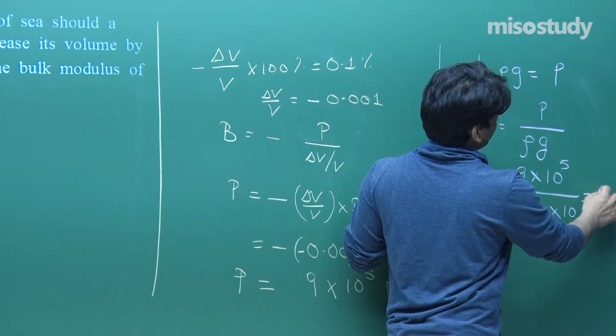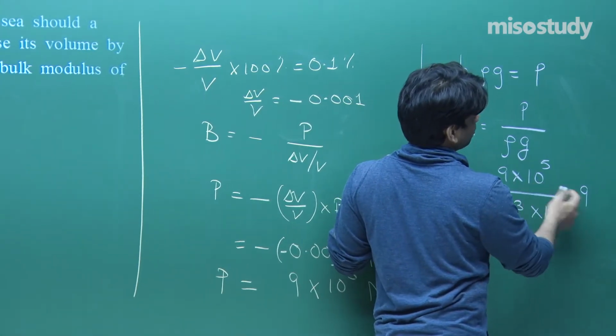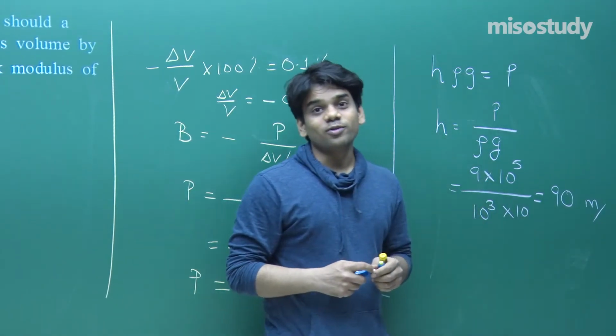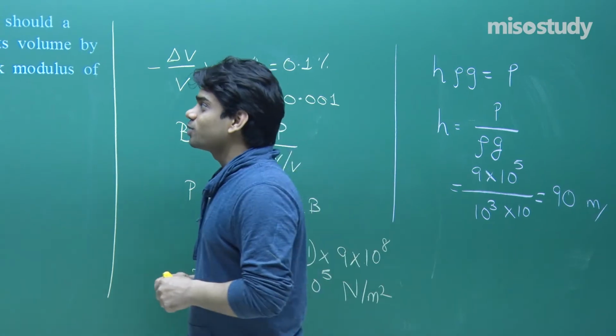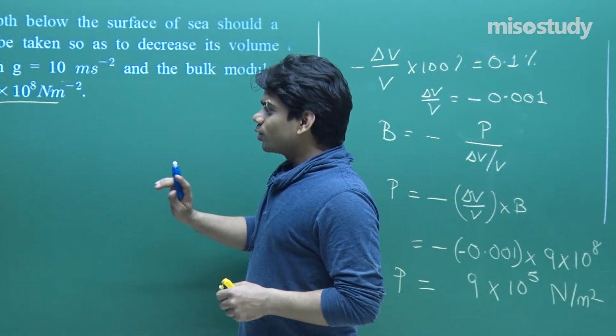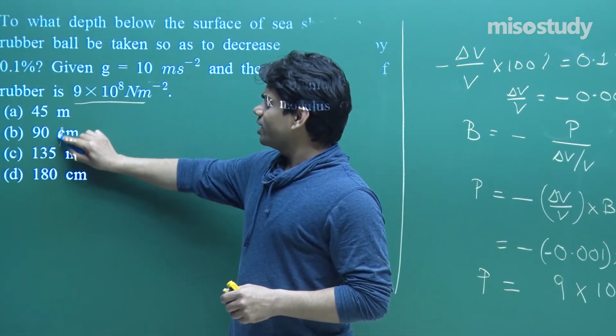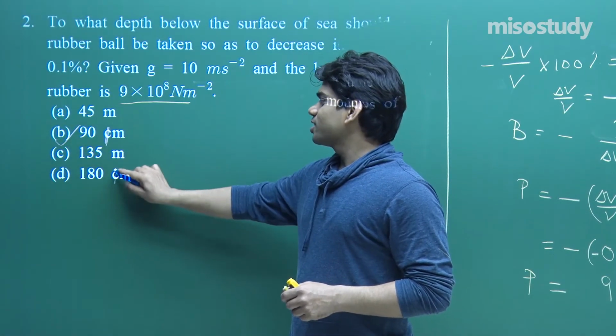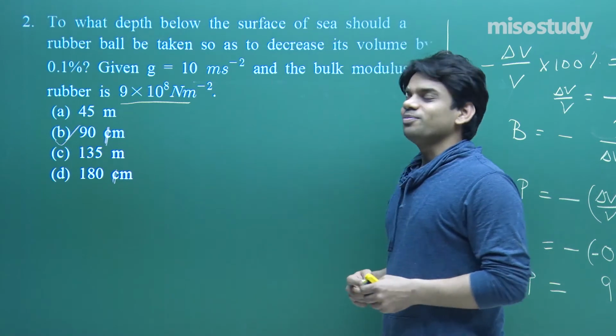So this will come out to be 4 zeros and 5 zeros, so 90 meters. 90 meter is the depth that you have to take the rubber ball so that its volume decreases by 0.1%. So don't worry about this centimeter, this will be only in meters. So 90 meters will be the right answer. Rest you can just remove the centimeter part, it will be only in meters.